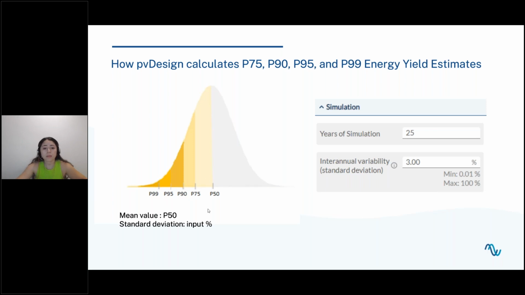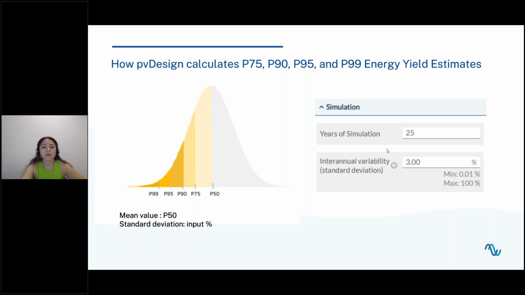P50 is considered a best estimate, but in some cases we need other, more restrictive estimates like the P90 and P99, which are conservative estimates. Usually this value is requested for financial purposes, for example when studying a debt structure. You can see here the user can introduce the standard deviation in the simulation in the energy tab.